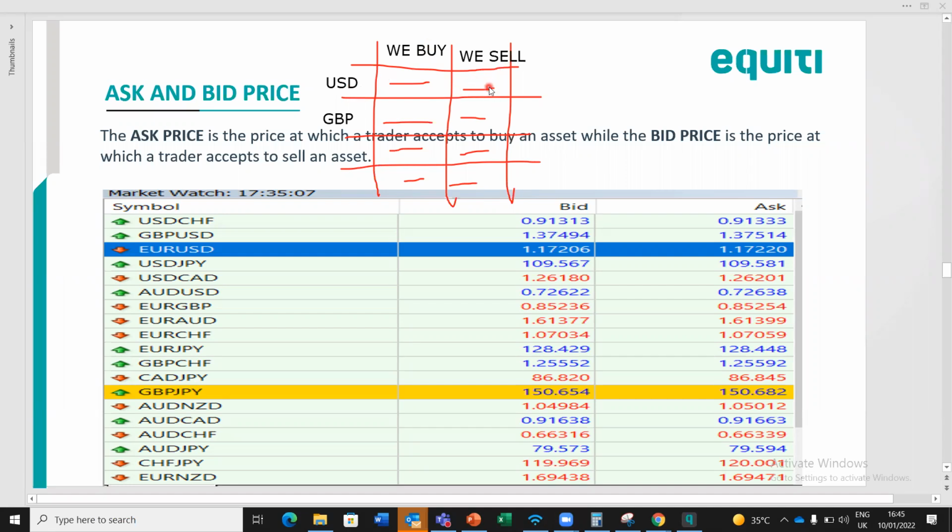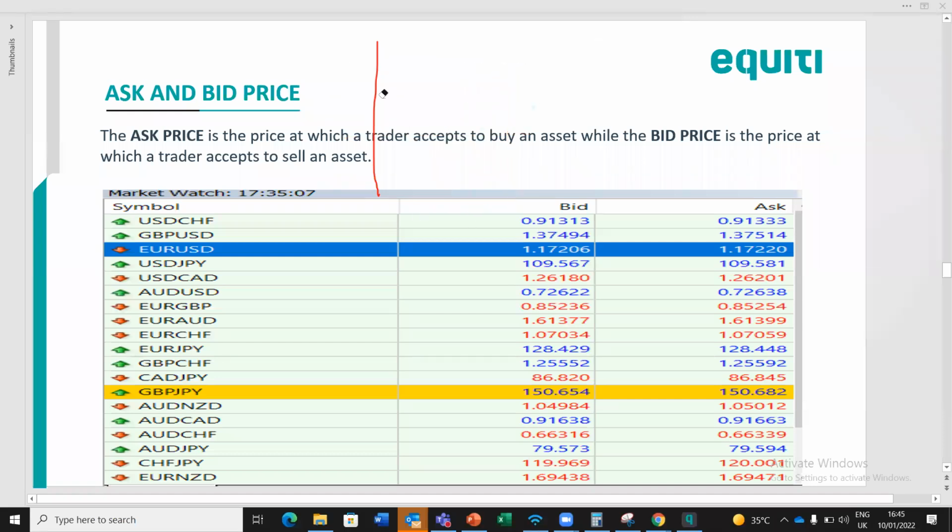Exactly the same thing is what we call the ask and the bid prices. For the banks, it is we buy and we sell: how much we want to buy from you and how much we want to sell to you. But when we come to Forex, we call it ask and bid prices. So the ask price is the price at which a trader accepts to buy an asset.